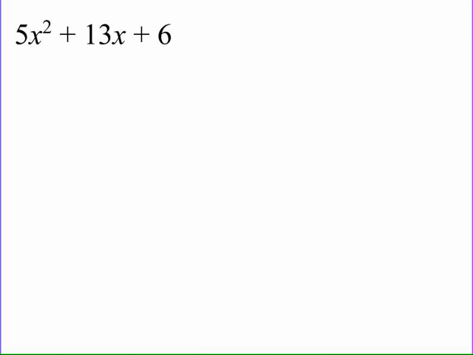Let's look at another one. 5x squared plus 13x plus 6. Is there something in common with the 5, 13, and 6? No, there's nothing in common. So now I see I've got a 5 here, which means I have to multiply 5 and 6, and I get 30.